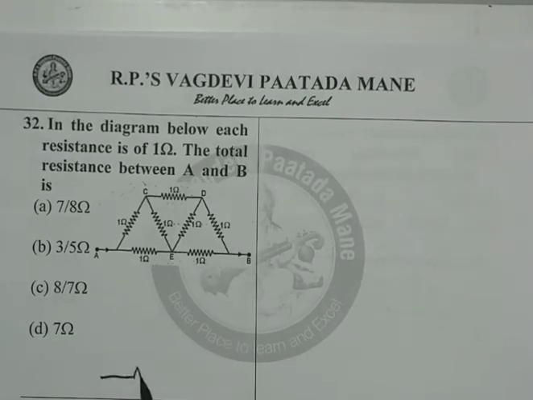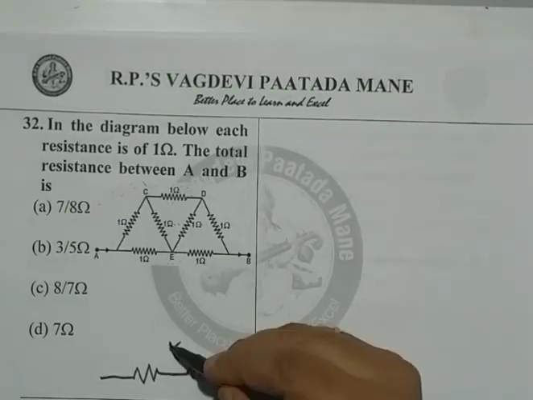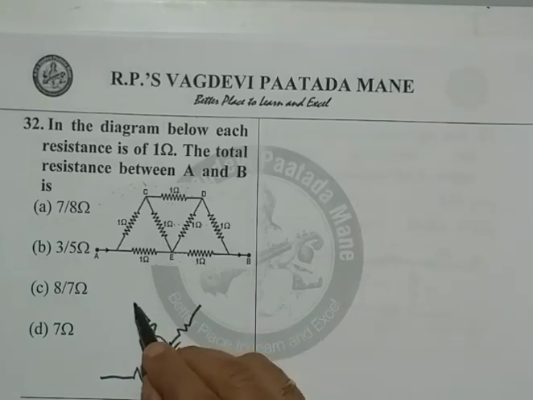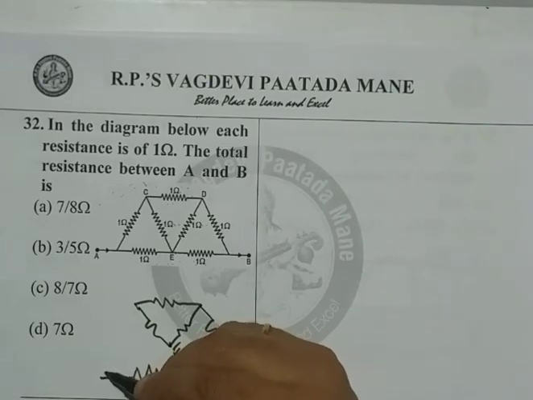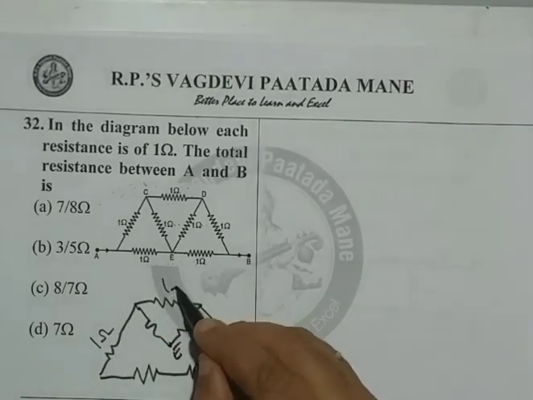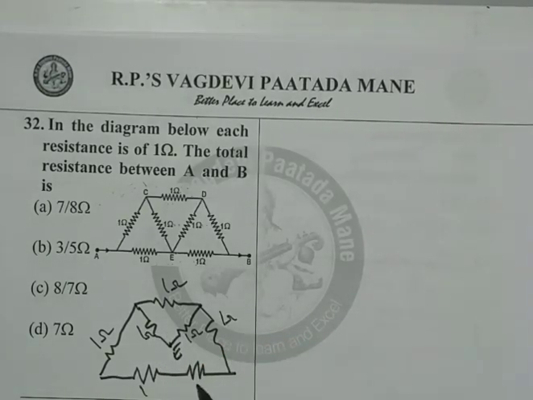Just observe. This is the first part, and we disconnect E here, and we write it like this. This is the circuit now. This is 1, this is 1, this is 1, this is 1, 1, and 1 and 1. This is A and B.